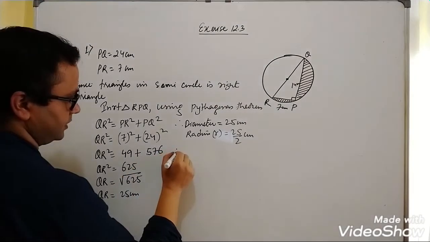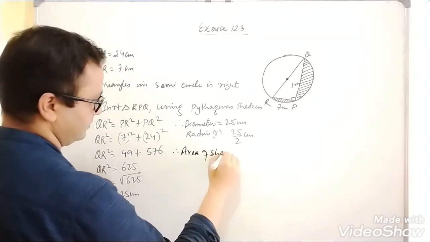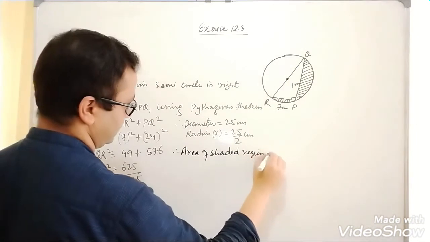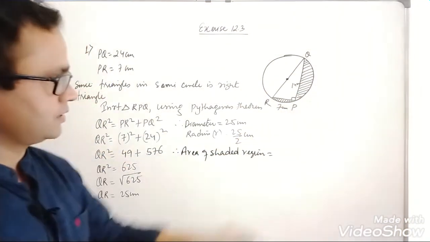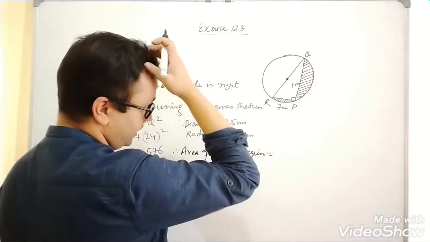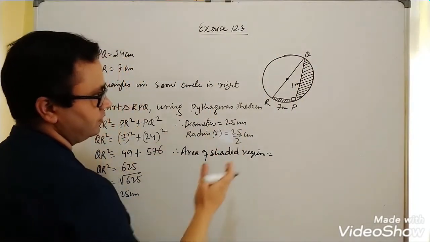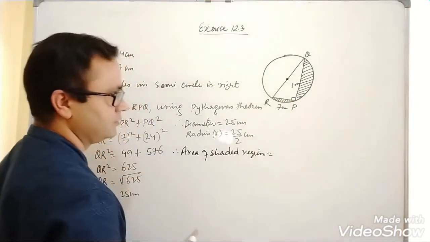Therefore area of shaded region is area of semicircle minus area of triangle. We leave the part above the diameter because there is no shaded region there. We only consider the semicircle and triangle below the diameter.